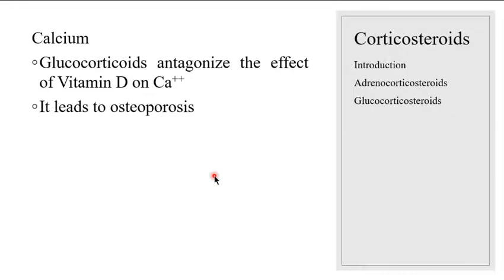They also antagonize the effect of vitamin D, ultimately leading to osteoporosis, which can lead to pathological fracture. Therefore, when administering corticosteroids for a longer duration, serum level of calcium should also be checked.